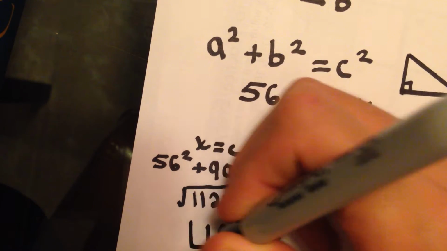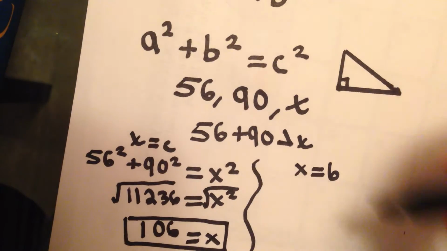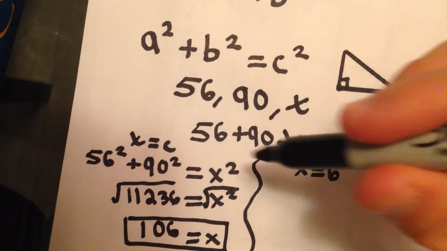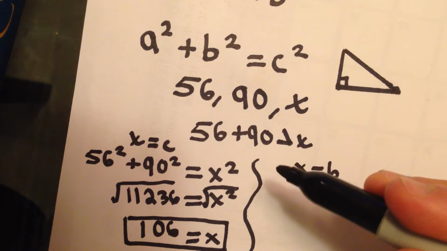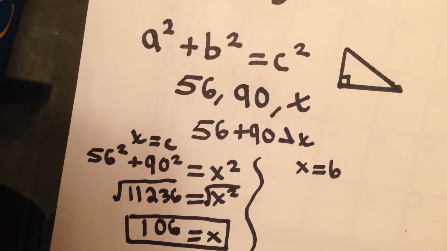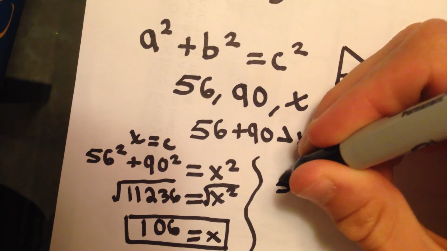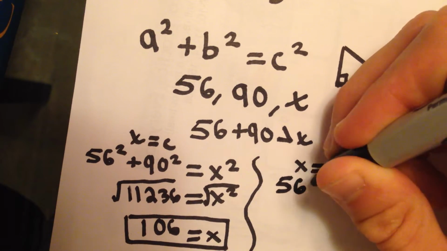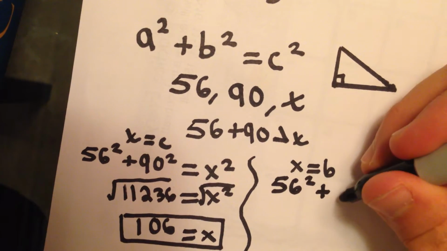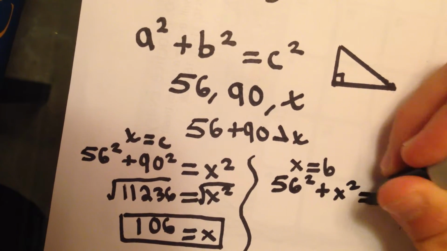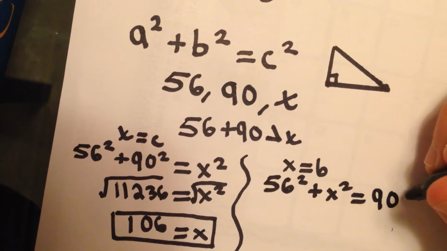But there's another possibility. x could be not the hypotenuse and have 90 be the hypotenuse. You know that 56 can't be the hypotenuse because the hypotenuse is the longest side and 90 is obviously more than 56. So we can set up another equation. One of the legs, 56 squared, plus the other side length, which we defined as x squared, is equal to the hypotenuse squared, which we said was 90 squared.